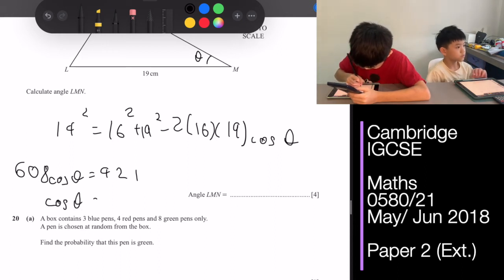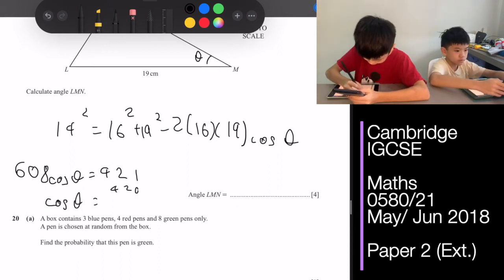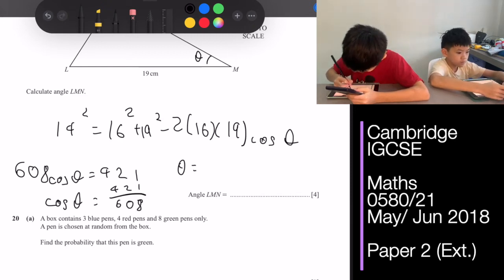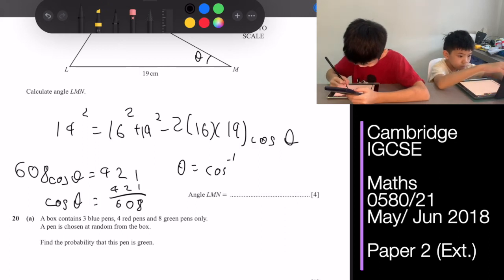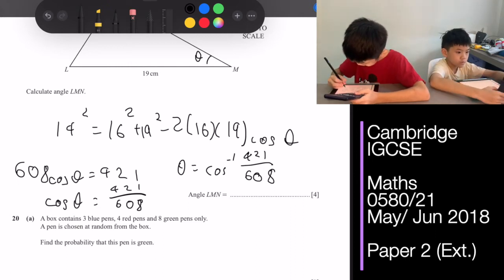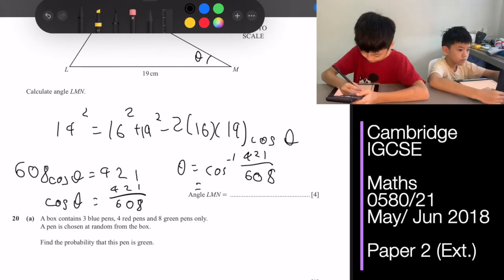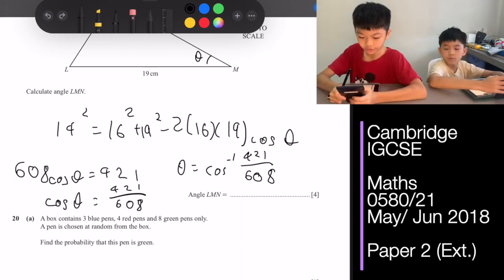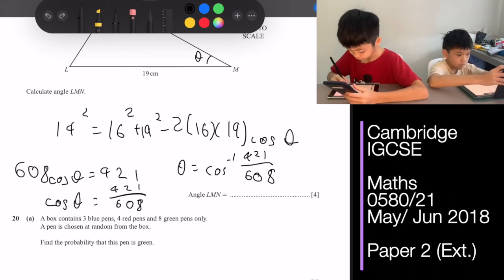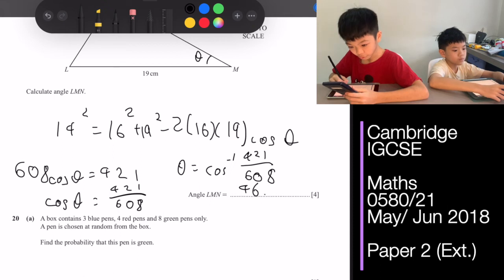Cosine theta is 421 over 608. Theta is arc cosine of 421 over 608, which is 46.18.